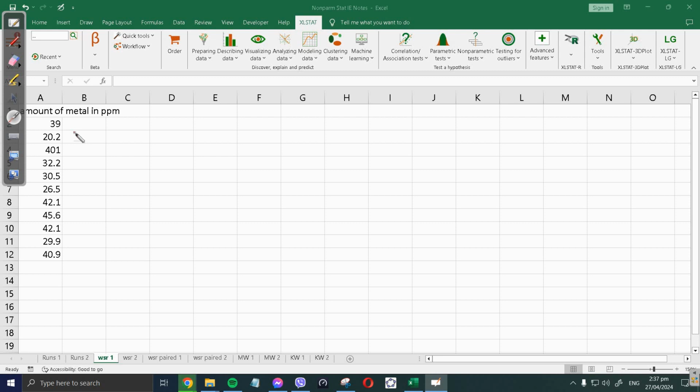Excel doesn't have built-in formulas for us to do non-parametric methods or even test for normality. That's why we downloaded an add-in called XLSTAT so that we can use the non-parametric tests.